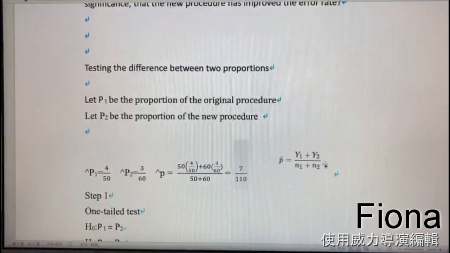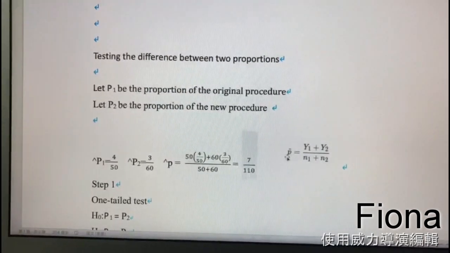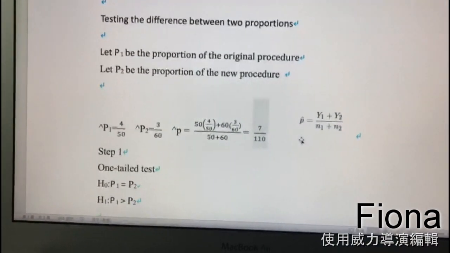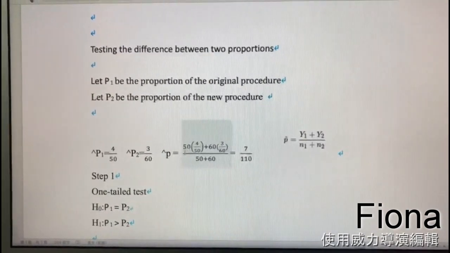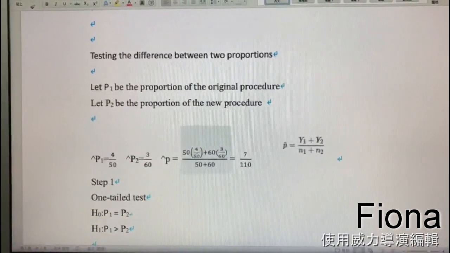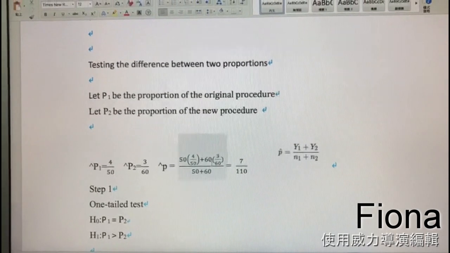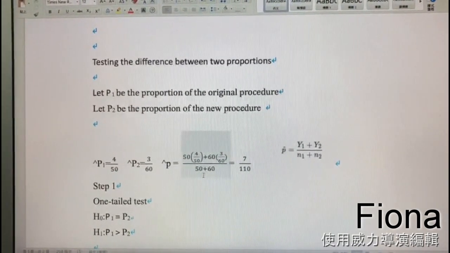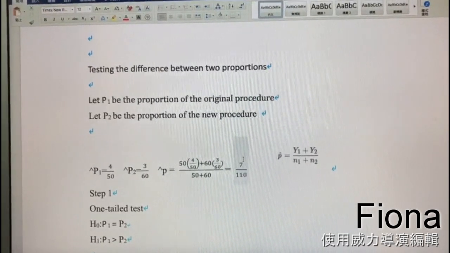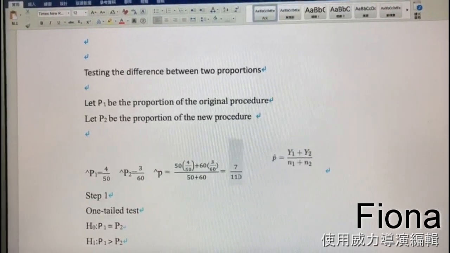From the formula, we can find the overall sample proportion is (15 times 4 over 15 plus 16 times 3 over 16) divided by (15 plus 16), which is equal to 7 over 110.